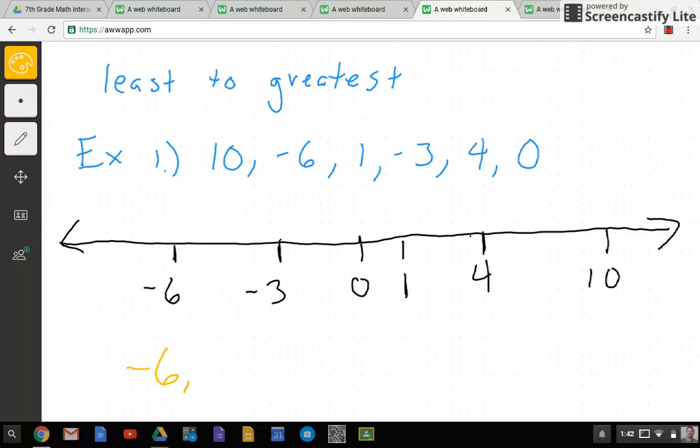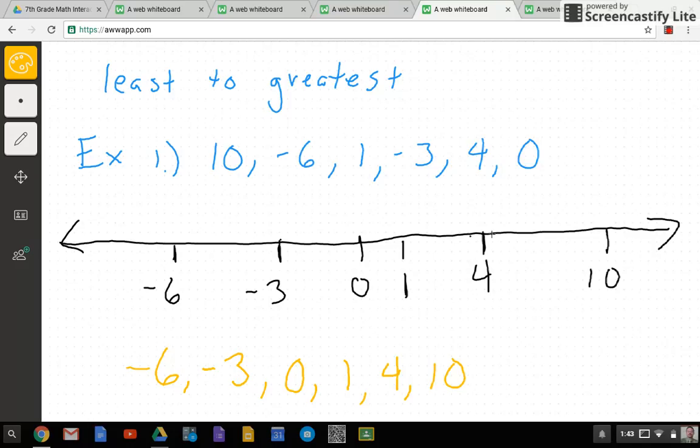The only way to get lower than that is to get a bigger negative number. So -3 would come next. If I'm doing these least to greatest, then it would be 0, and then 1, and then 4, and then 10. So it helps to think about these being on a number line. If you actually put them on a number line, it makes problems like this incredibly simple.